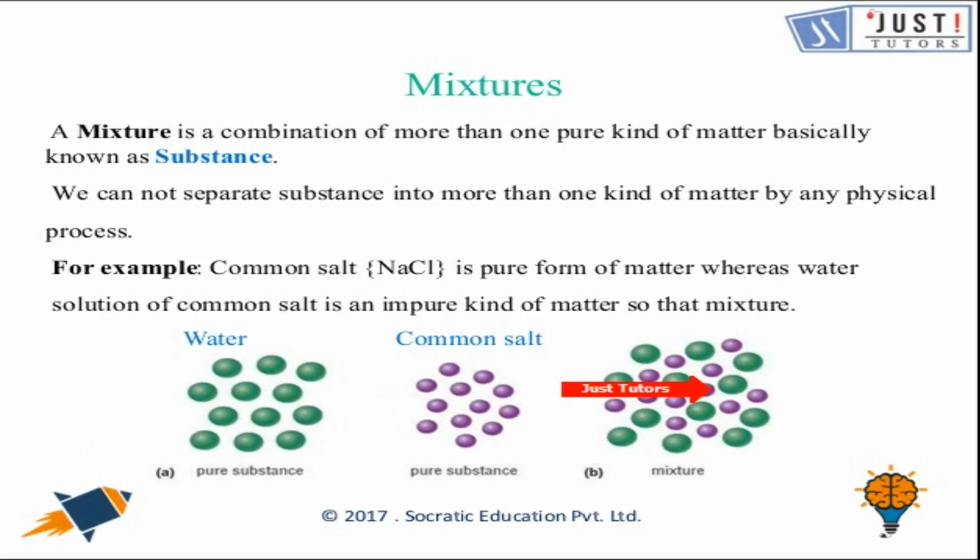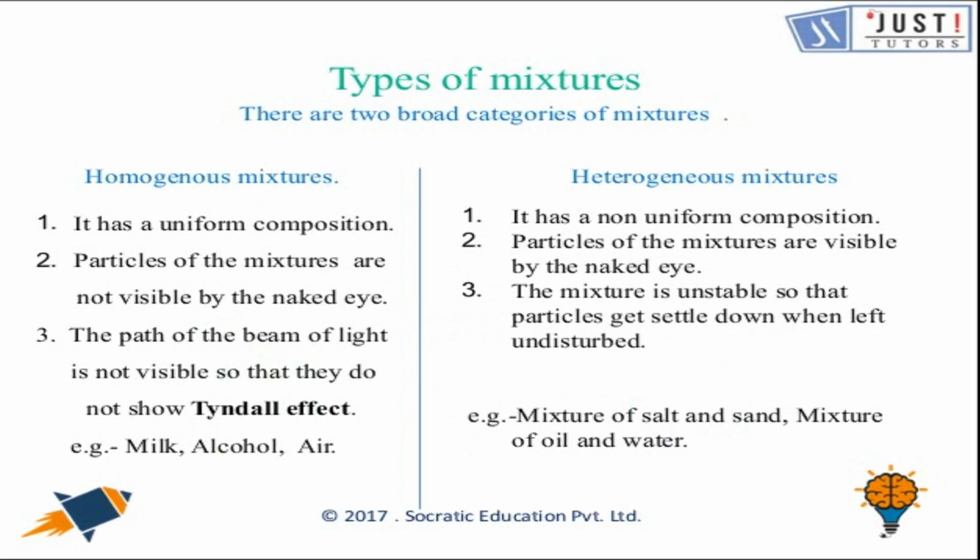Now, we have two types of mixtures. One is homogeneous and the other one is heterogeneous. In homogeneous, throughout the mixture we have a uniform composition, but in heterogeneous we don't have uniform composition. So we can take the example of milk.